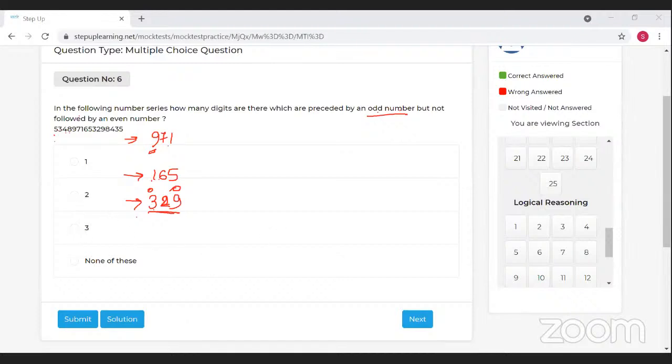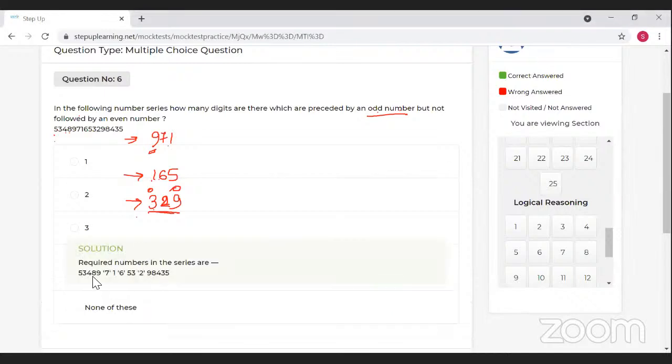What's their answer? Yeah, 5438971. I don't know. 7 1. Okay, forget about it. Did you understand this? Preceded means before, followed means after. Preceded is just before that.